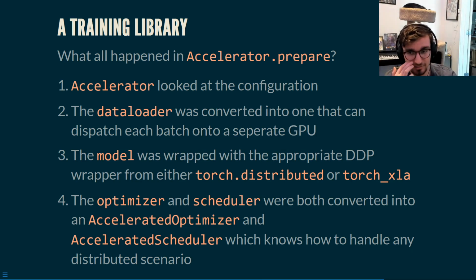Because in some cases, you still call loss.backward, but in other cases, you don't. TPUs have their own special function that they want you to use for doing the backward pass. I don't believe Torch Distributed does, but say DeepSpeed, that does. And so this way, we can handle, okay, I know what you want to call. We're going to do the backward pass based on what you have here.